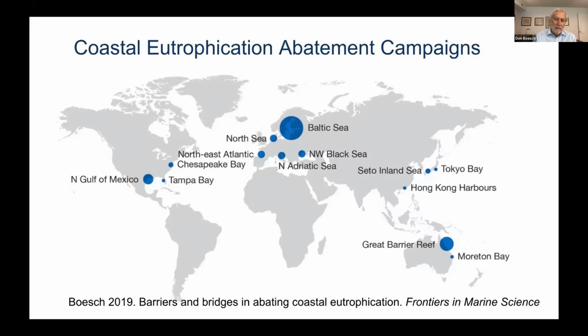This synthesis looked at how the problems were diagnosed, what the management steps are, what the organizational programs are to achieve results, where we are with respect to the outcomes, and what we need to do. If you're interested in that in a comparative way, I'd urge you to look at that publication.